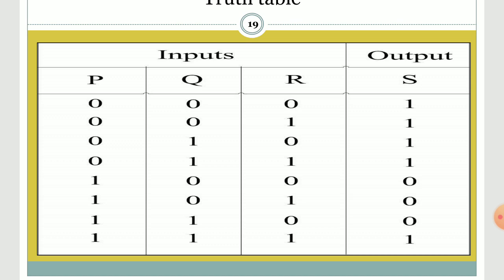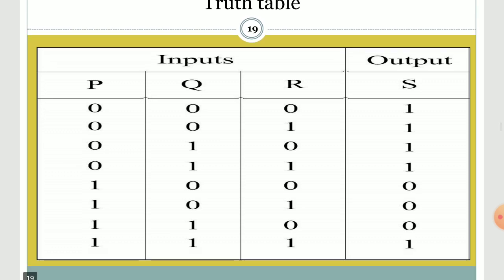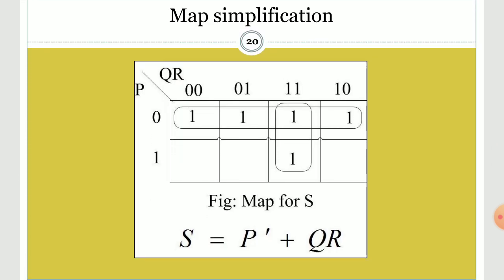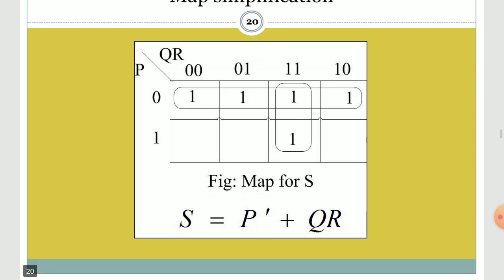After getting a truth table and the value of S as output, we will simplify the value of S. Here we use the K-map method, and we put down the value 1 in minterms 0, 1, 2, 3 and 7.